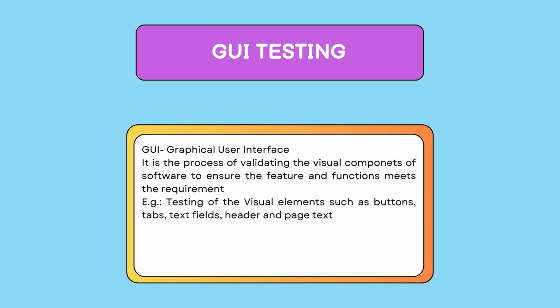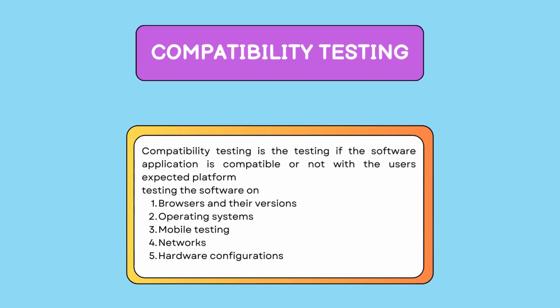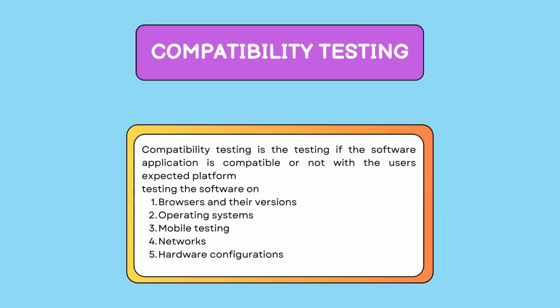We check the location of the tabs and buttons and their behavior, whether they are highlighting or not if we move the pointer over them, and the images on the screen and their behavior. In short, testing the overall interface is nothing but GUI testing.